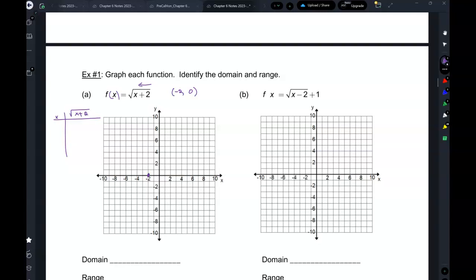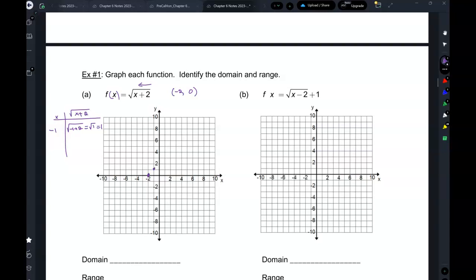I want to pick values that when they go in here for x, I'm going to get a nice little perfect square underneath. So if I pick negative 1 and I put it in here, what do I get inside the root? Negative 1 plus 2, root 1, which is 1.